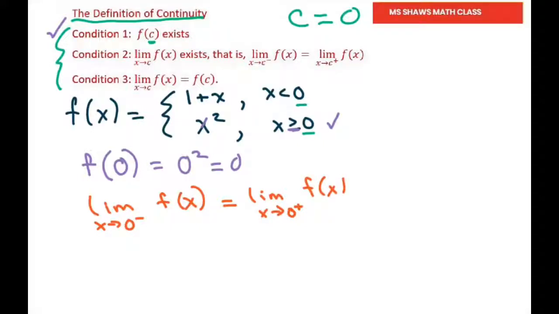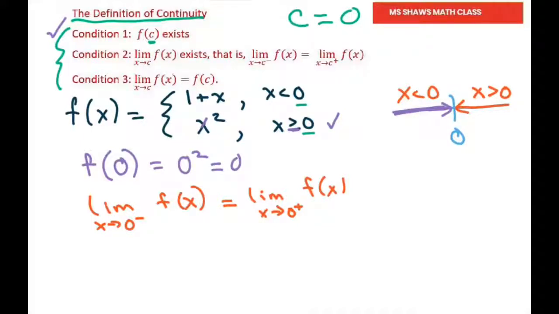All this means is that if you have a line, so here's your 0, that means all the numbers less than 0, what's going on with them as they approach 0, and what's going on for all the numbers approaching from the right of 0 when we're graphing. From the right, that would be all numbers greater than our 0, which is our c. So let's see what's going on with that.